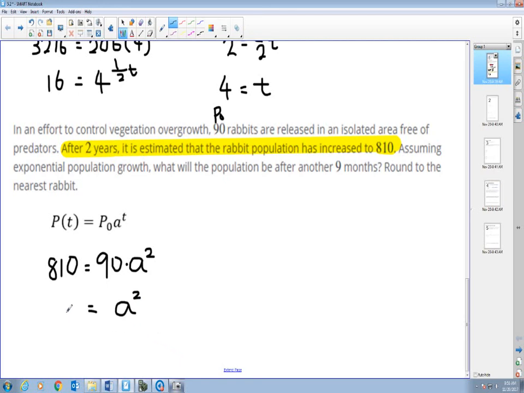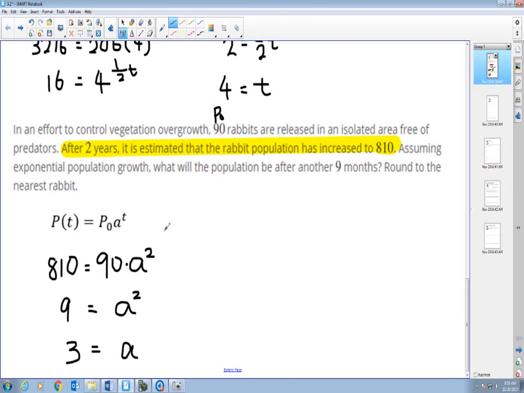That will give me 9. To get a by itself, I will take a square root on both sides. Normally when we take a square root on both sides, my answer is positive or negative 3. But here, the problem says assuming exponential population growth. Since I'm having growth, my growth rate has to be positive. So I'm only using a positive 3 here, not a negative.